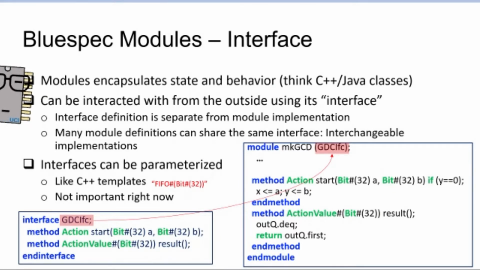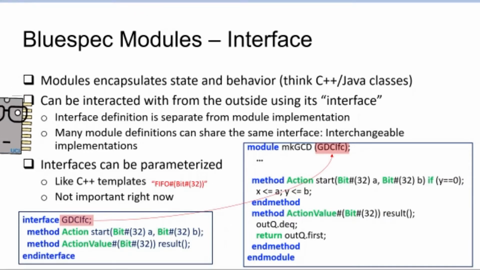They're analogous to classes in C++ and Java. When the outside world, meaning outside methods or outside rules, wants to access the internals of this module, much like you would need class methods to access the internals of a class, it needs to access it through an interface.